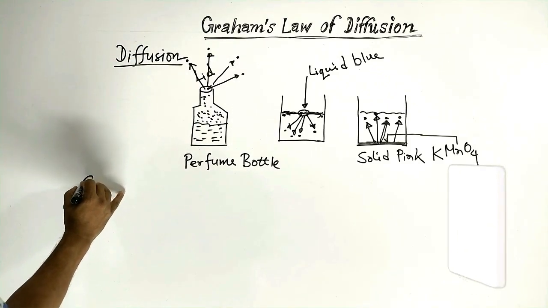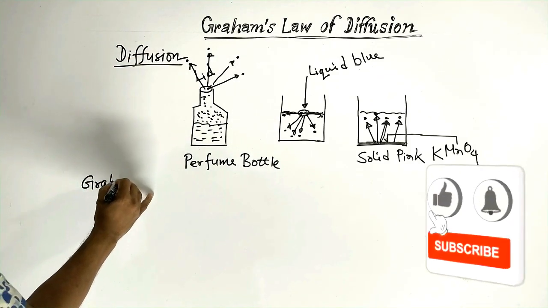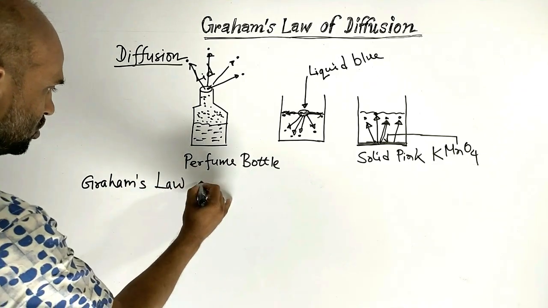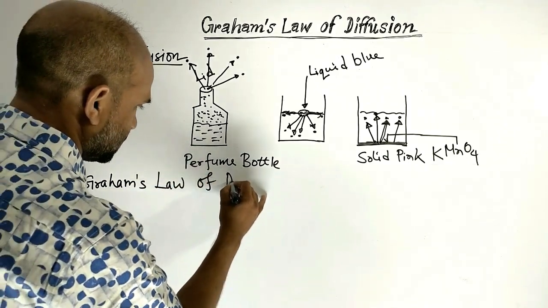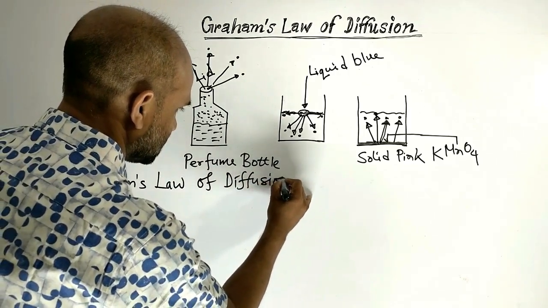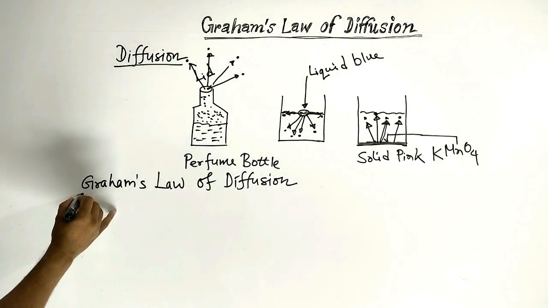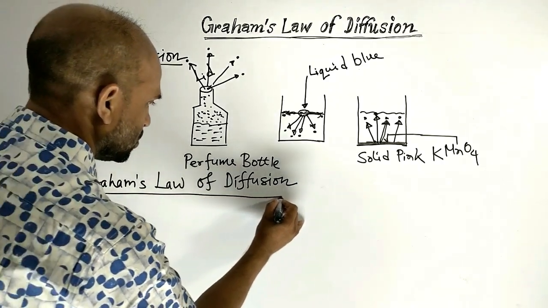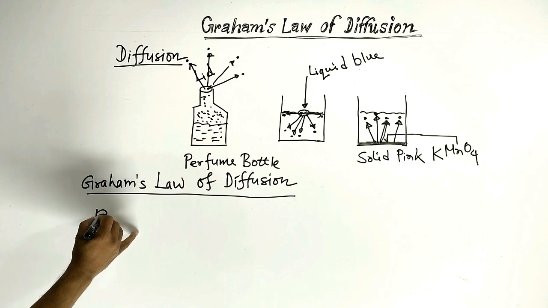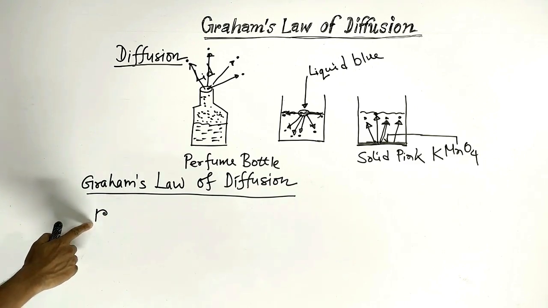Now, Graham's law of diffusion. Rate of diffusion is denoted by lowercase r.